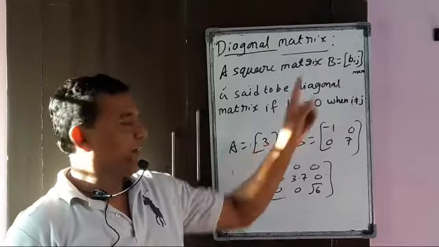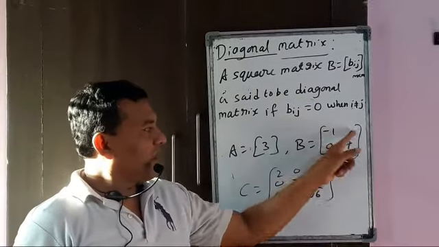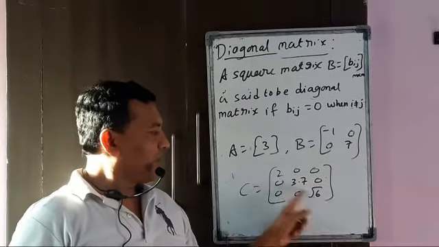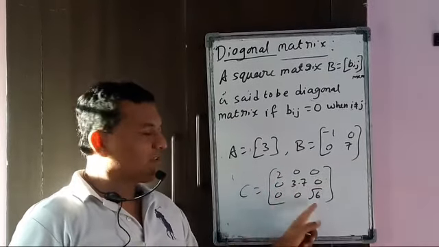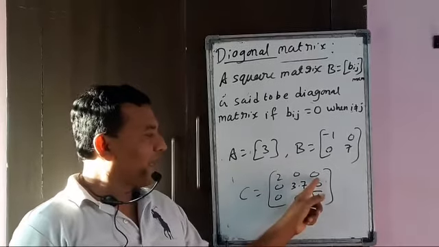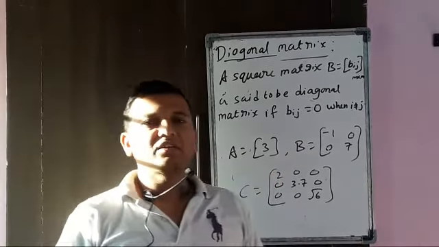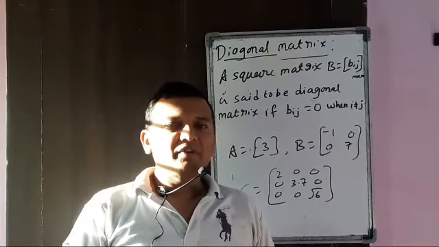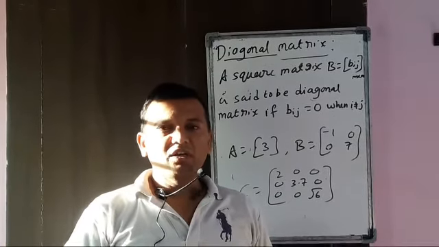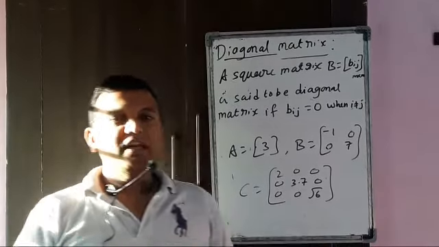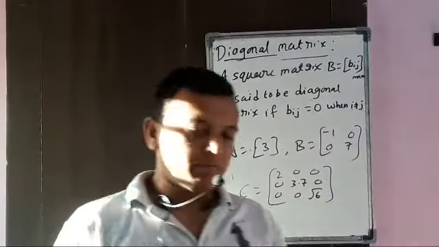That is, non-diagonal elements will be 0. You can notice here the diagonal elements are non-zero, non-diagonal elements are 0. This definition is very important for a 1 mark question in PU board exams of Karnataka. Now we shall move to the next definition, that is the scalar matrix.